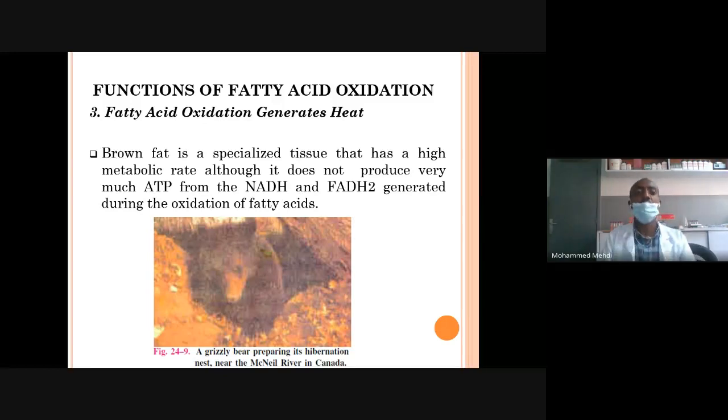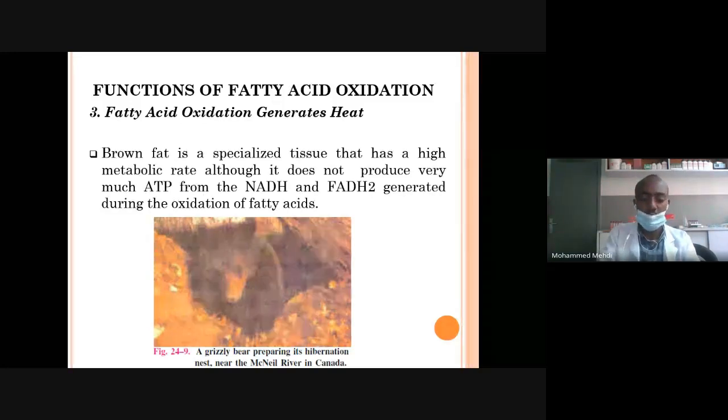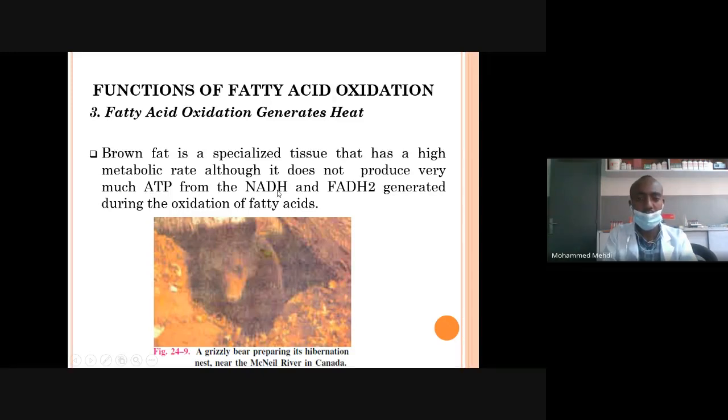In that case, we lose the energy in the form of heat. Heat generation will occur upon returning this proton to the matrix rather than through the ATP synthase channel. So we don't have ATP formation, because the proton is not returned back to the matrix through the ATP synthase channel.